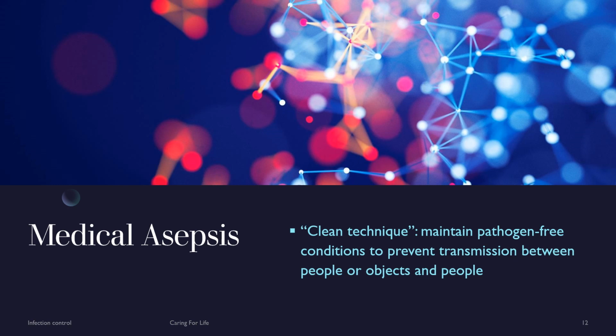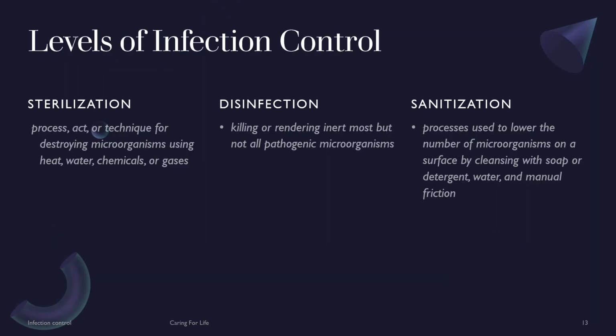Other things that we do with medical asepsis: wiping down surfaces in between patients. You should be wiping off the stethoscope if it's touching somebody. You should be cleaning the blood pressure cuff and machine in between patients. So again, it's all clean technique when we're referring to medical asepsis.